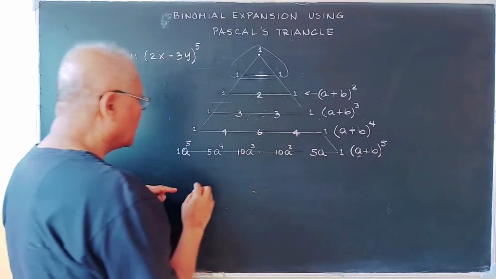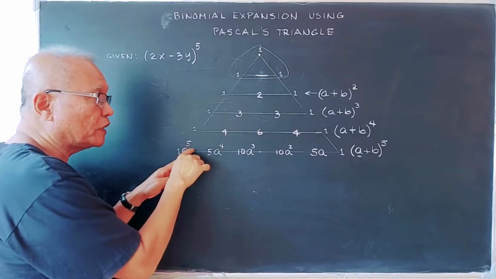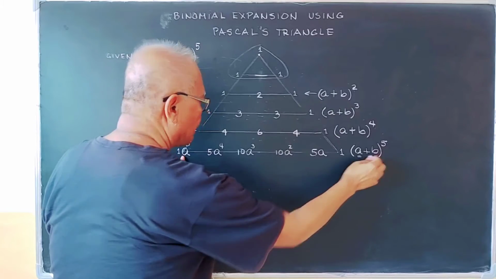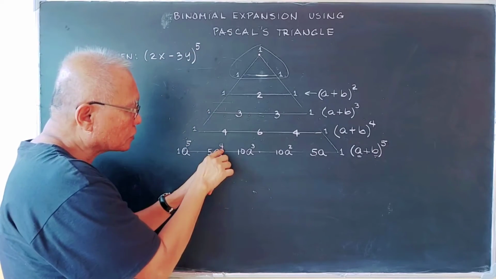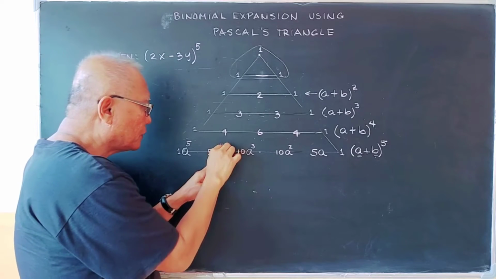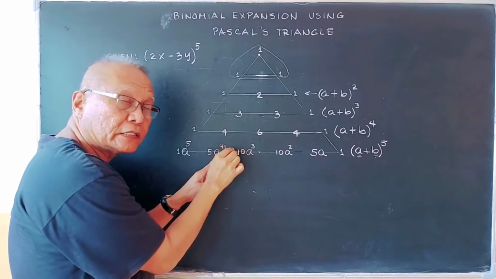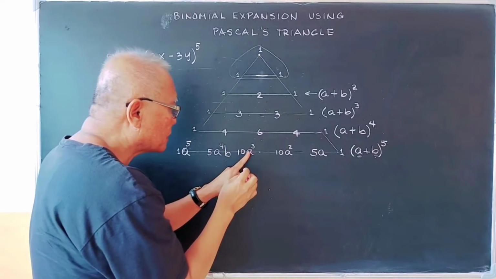Okay. Now let's have the b. So 5, no, it's complete because that is 5. We have now the second term. This one, we need one b because this one is 4. Then we place b to the first. 4 plus 1, 5. Must be 5. Now this one is 3.